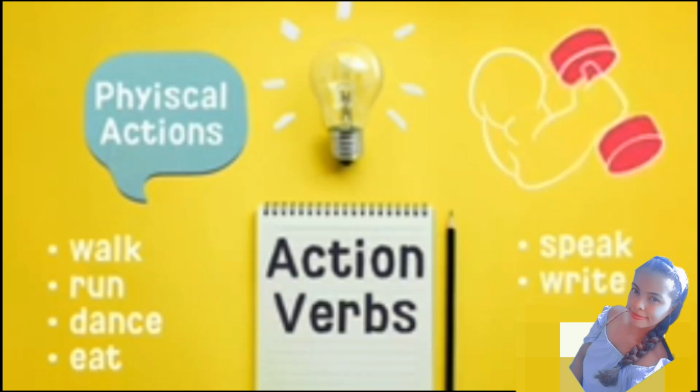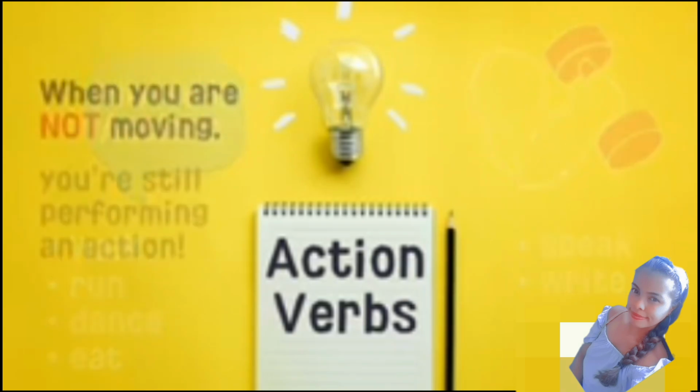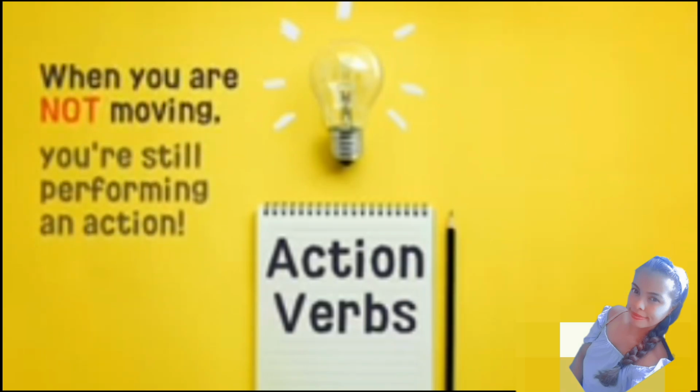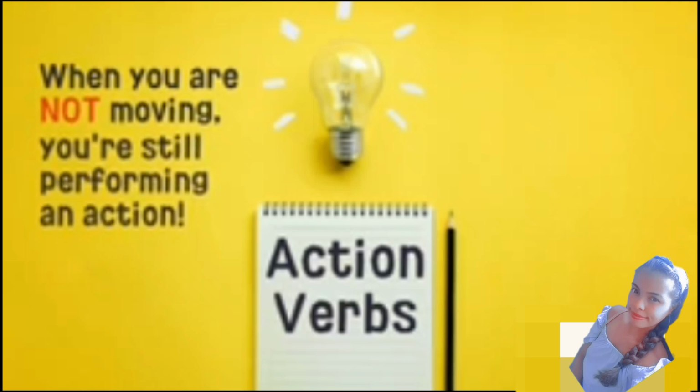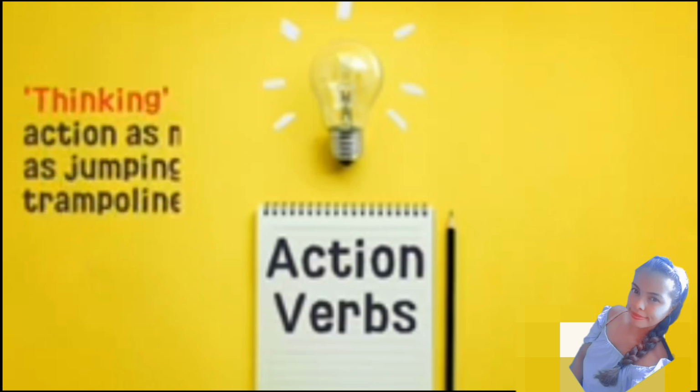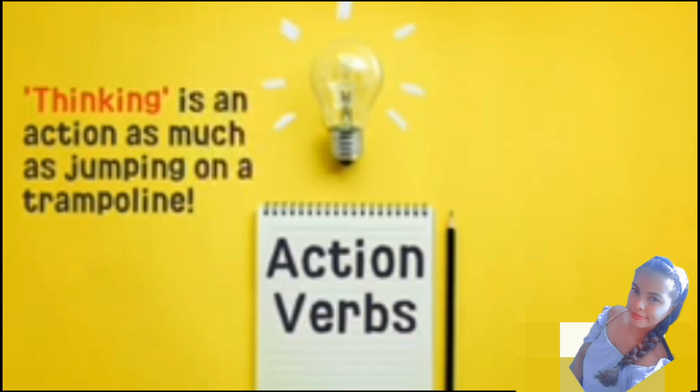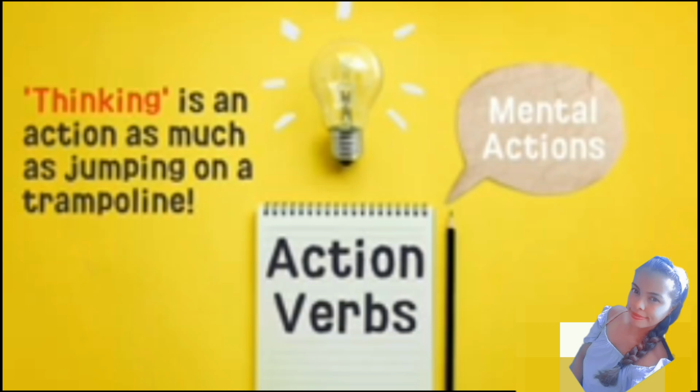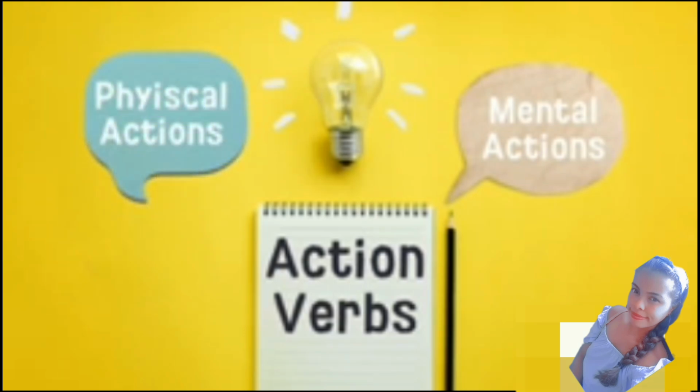But did you know that when you are not moving, you are still performing an action? For example, thinking is an action as much as jumping on a trampoline, so thinking is a mental activity. Action verbs can describe two different kinds of action: physical action and mental action.